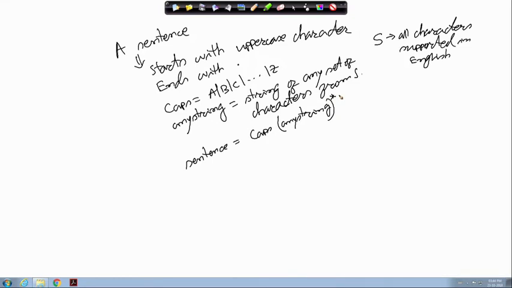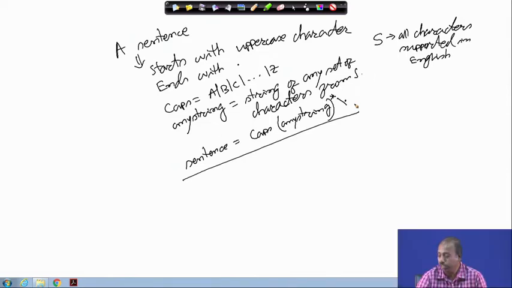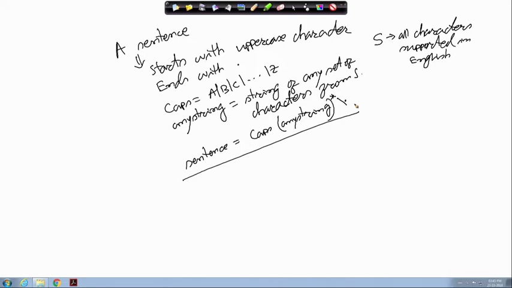So, any number of words can come, and then it should end with a full stop. So, this may be the regular expression for sentence. This is not very rigorous because the definition of any string is not very clear, but anyway, you can proceed in that direction.